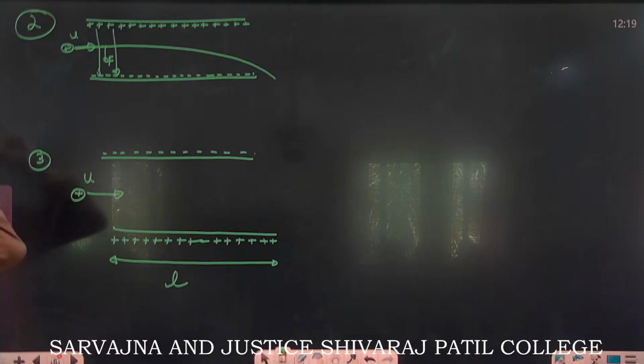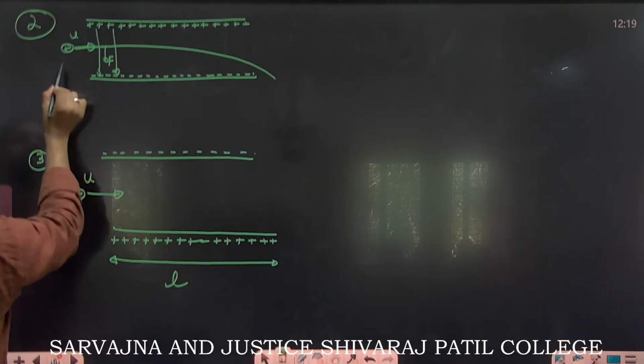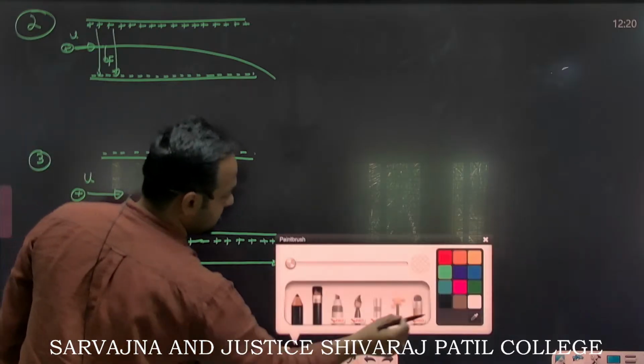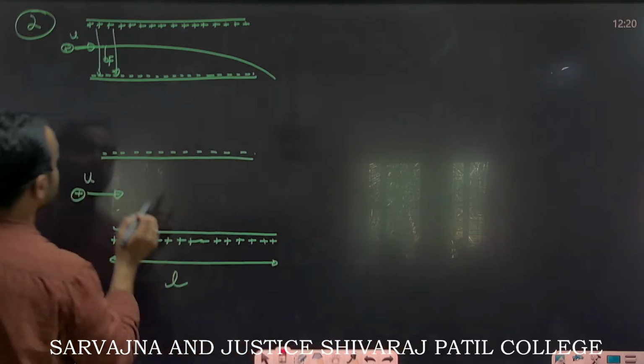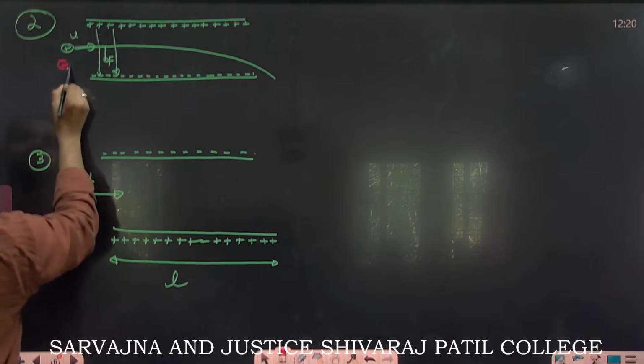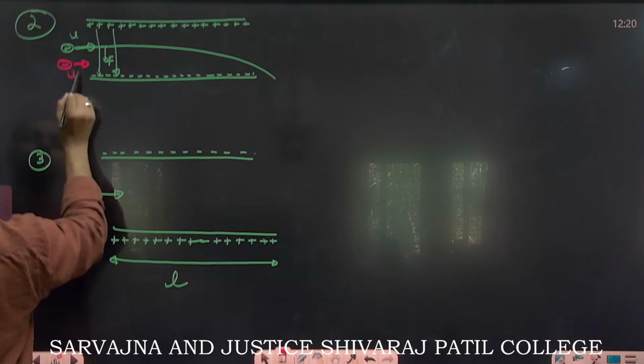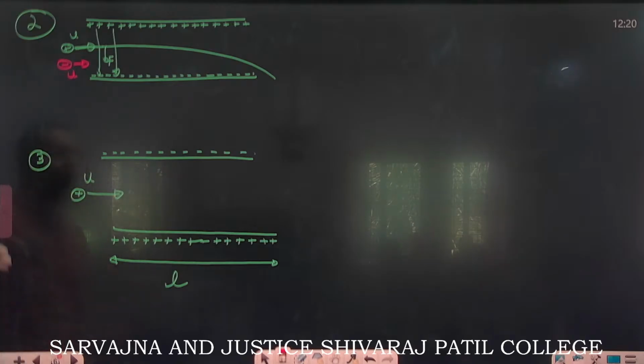Instead of a positive charge, if you have a negative charge, what do you think will be the trajectory of that? The negative charge is going with uniform velocity u towards the right, and it enters this electric field.